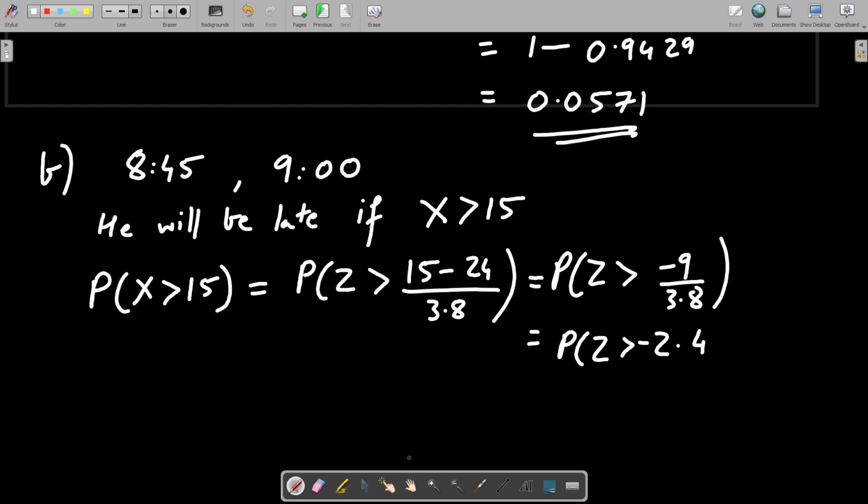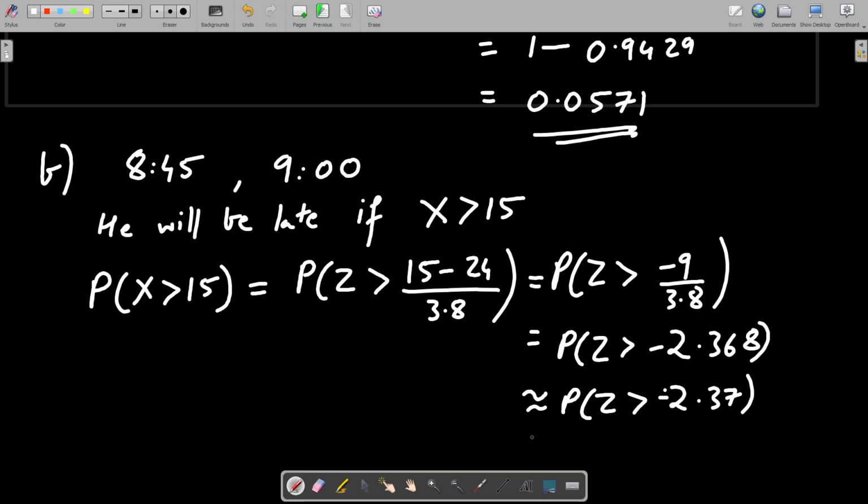Not 4. Minus 2.368, no? 2.368, that will be approximately equal to 2.37. So probability of Z, so this is equal to 1 minus phi of 2.37.